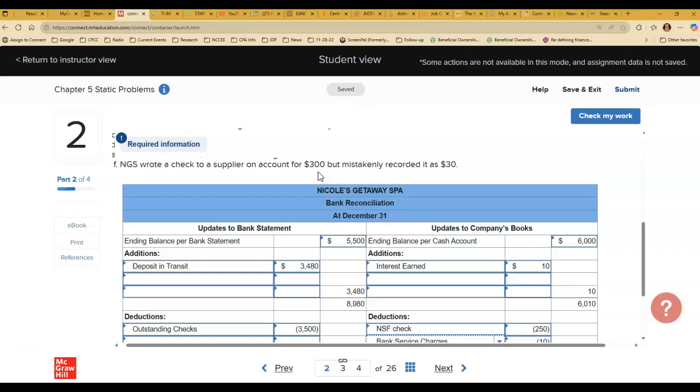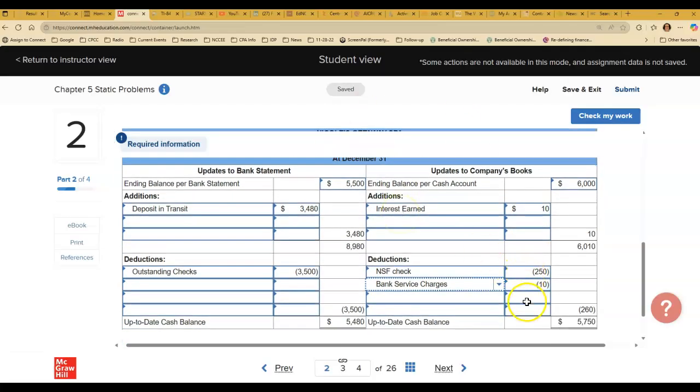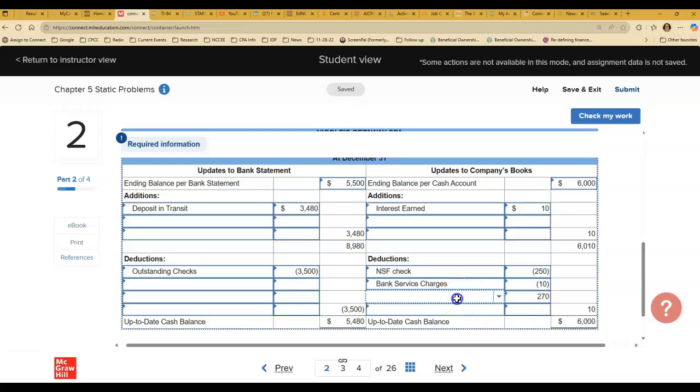We only reduced it by $30, right? We need that additional $270 to come off of there, to get it to the correct amount, right? Good. We need to reduce the company books by $270. Yeah, error.